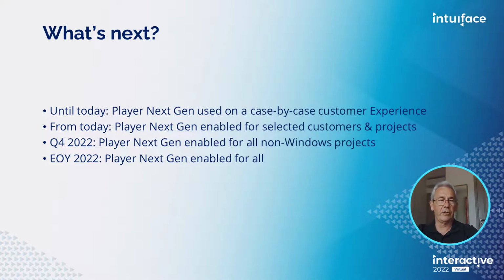Starting in early Q4, the Player NextGen will be more broadly enabled for any non-Windows project, and at the end of this year, we believe that Player NextGen will be used for any platform with the full interface capability spectrum.